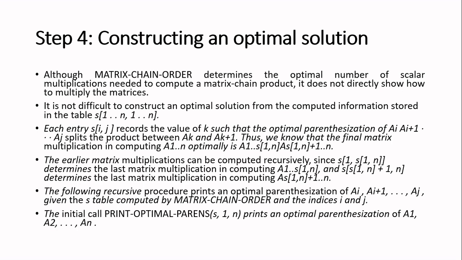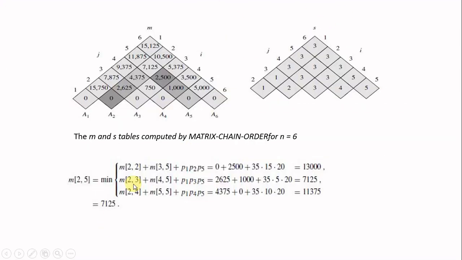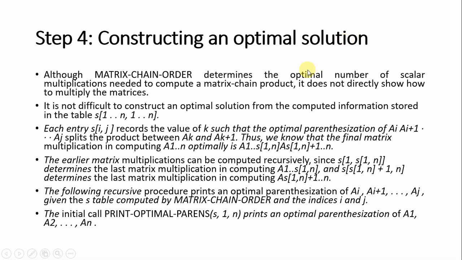So we have constructed this one in a bottom up fashion. Okay, and we are storing the values and reusing the values. Okay, that is the basic concept in dynamic programming. We are not recomputing the values, we are just reusing the values. Okay, and we have computed everything and we are using this table S to construct the optimal solution.